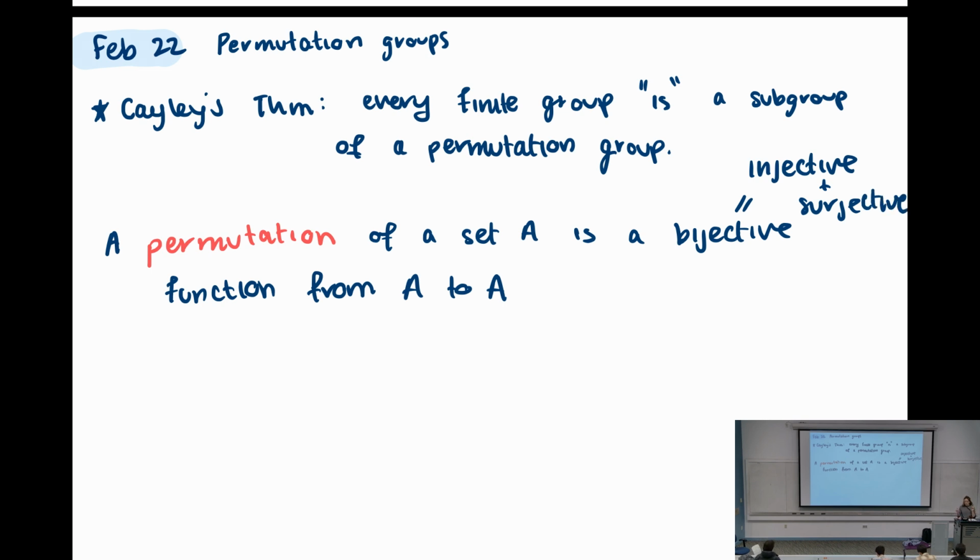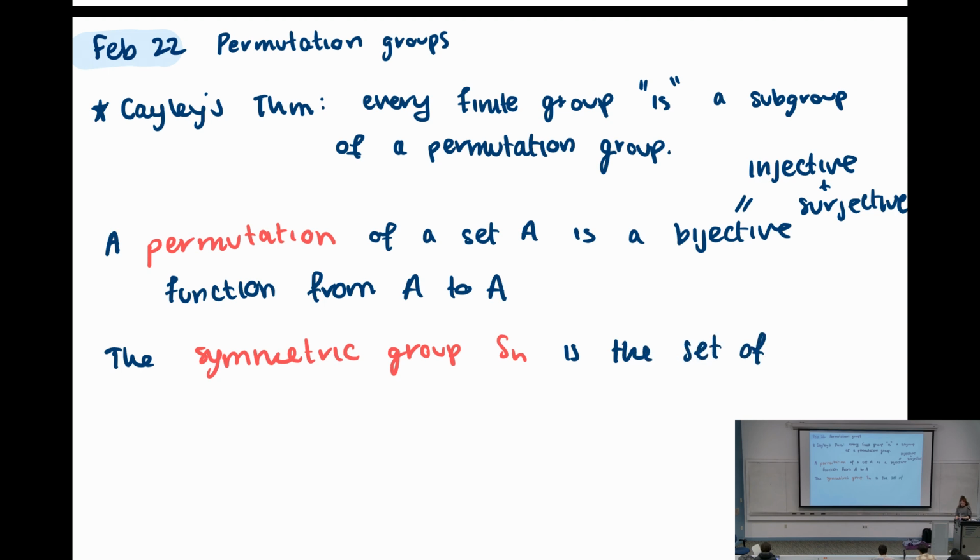In some way, you can just think of this function as reordering the elements of your set A. And then the symmetric group Sn is the set of all permutations on the set of n elements, which are just called 1 up to n.